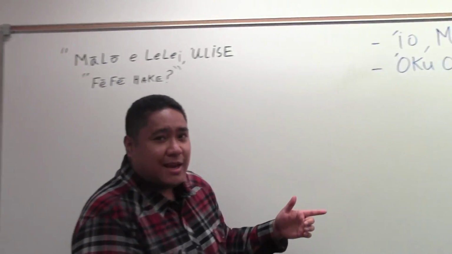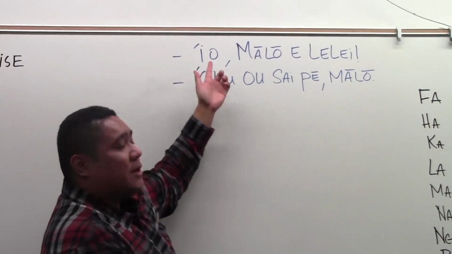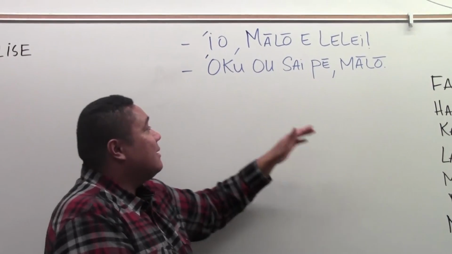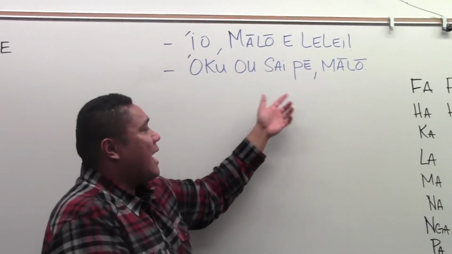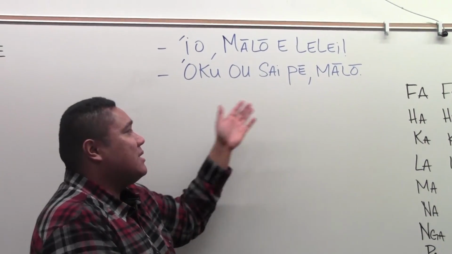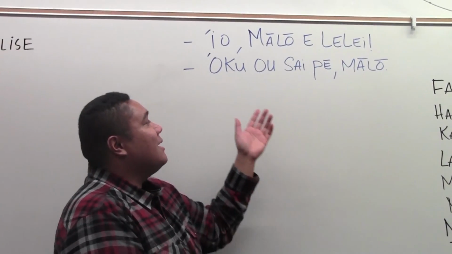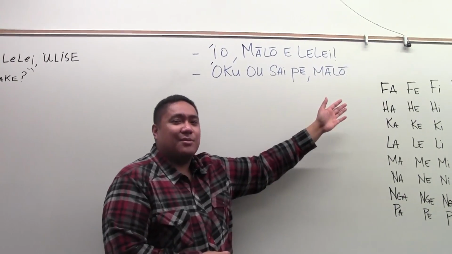Coming now to Ulise's side, we can see his response. To malo e lelei, he responded with a simple io, yes, and a hello back. His reply then to the how are you phrase, okay sai pē, malo, is just a simple return phrase that most Tongans often use. Okay sai pē, I'm doing just fine. Malo, thank you.